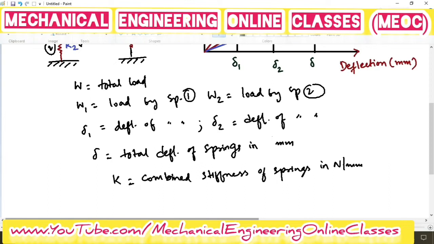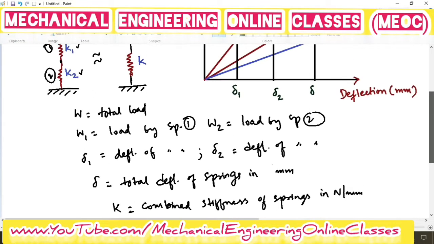And let us assume that delta 1 is the deflection of spring 1, delta 2 is the deflection of spring 2, and delta is the total deflection of the springs in mm, and K is the combined stiffness of springs in Newton per mm.